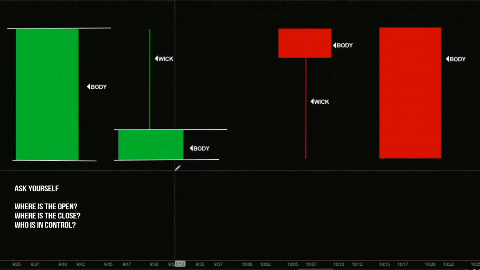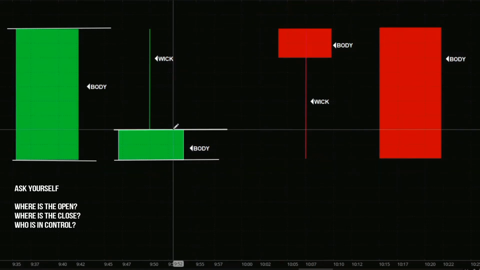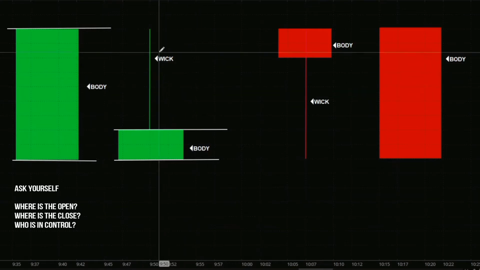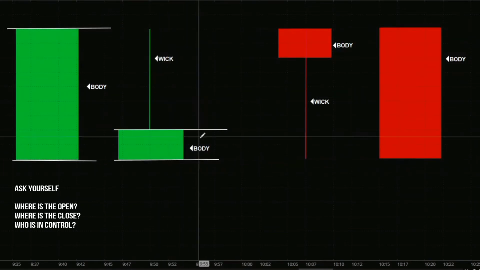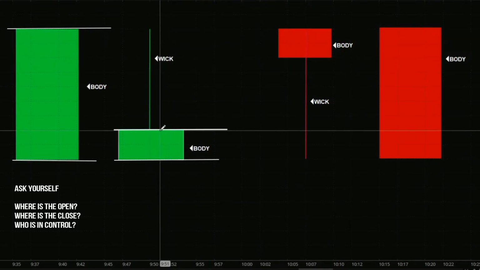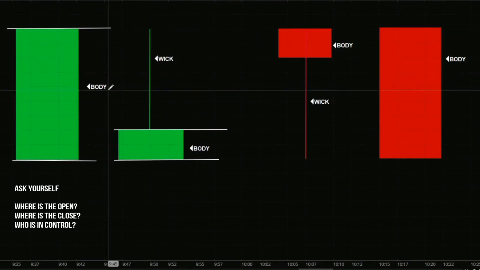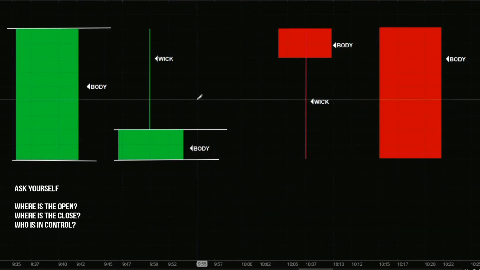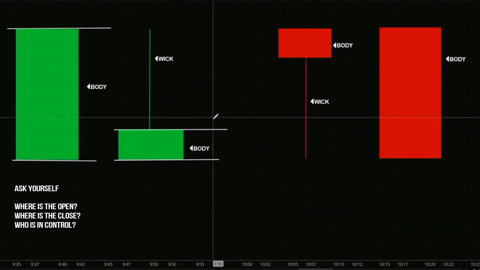On the second green candle, the body is very small, even though the travel range is the same for both candles. The second green candle has a large wick. This wick, just like the body, also tells us a story. So what is the story of the wick?